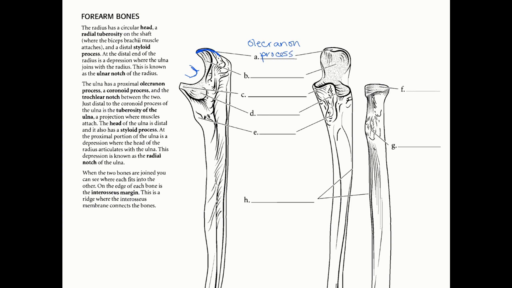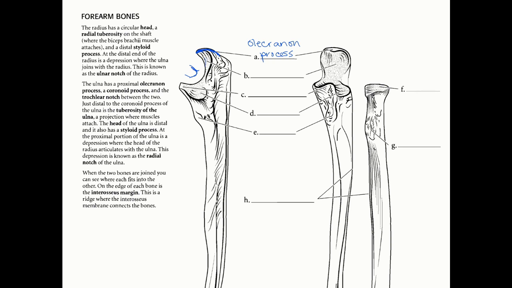Your olecranon process is what's going to fit against the olecranon fossa of the humerus. And this is also the reason why our elbow in our anatomical terms is referred to as olecranon.